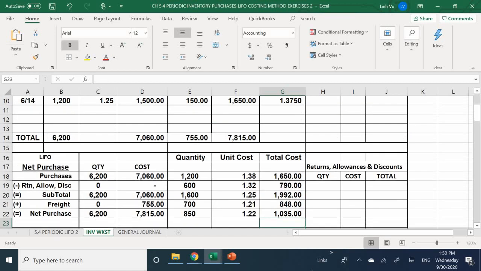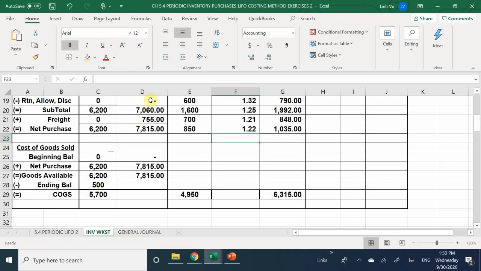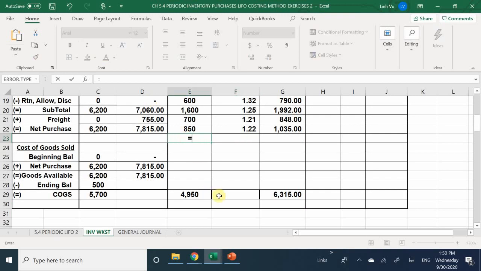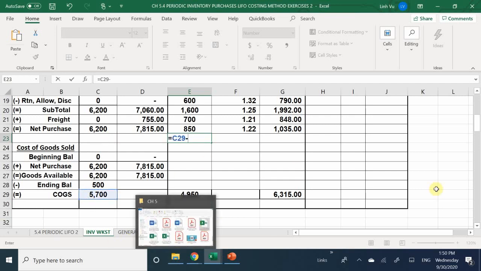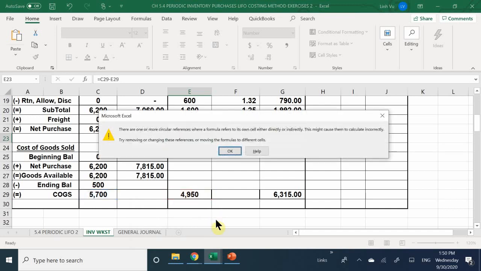1,035. Okay. Now, lastly, I only have one more batch left in my inventory, right? I have the one that I bought on June 1st. I already know I'm not going to take the whole thing. Right. But how many do I actually need to take? 750. So what I'm going to do is take my 5,700 and subtract this 4,950.